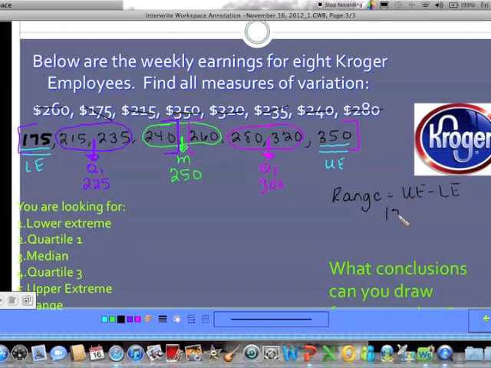So that's my range. My interquartile range is my upper quartile, or Q3, minus my lower quartile, or Q1. And that's going to be 300 minus 225, so my interquartile range is 75.